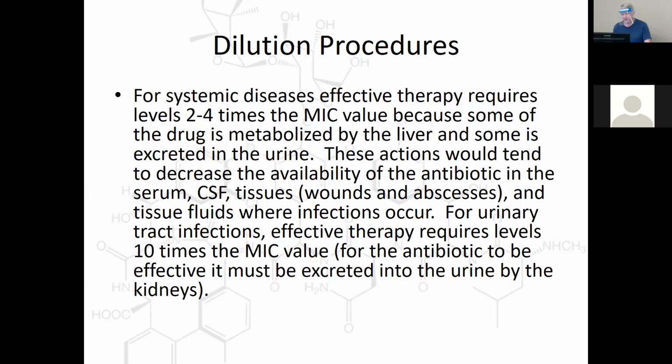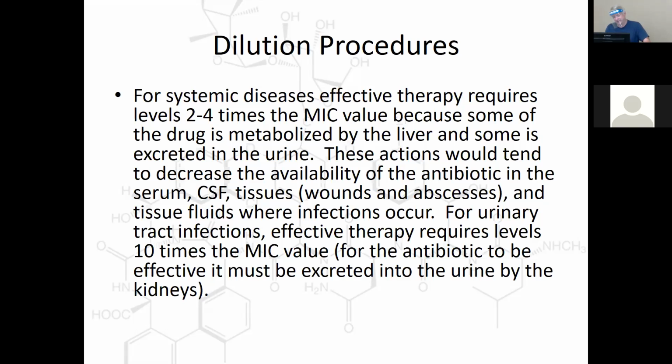For systemic diseases, effective therapy requires levels 2 to 4 times the MIC because some of the drug is metabolized by the liver and excreted by the urine once it's given to the patient. These actions would tend to decrease the availability of the antibiotic in the serum, cerebrospinal fluid, tissues, wounds, abscesses and tissue fluids where infections occur.